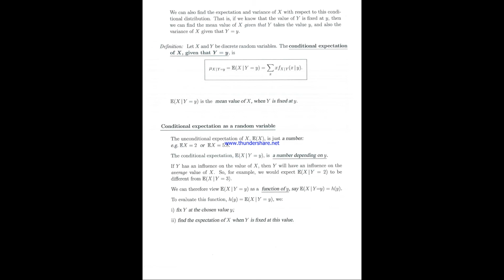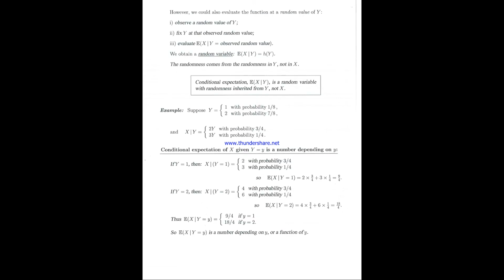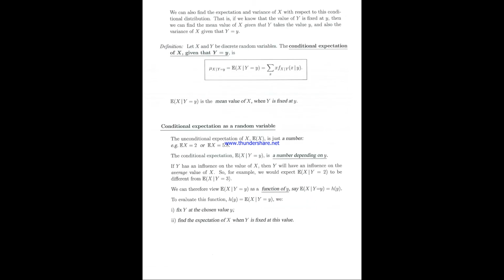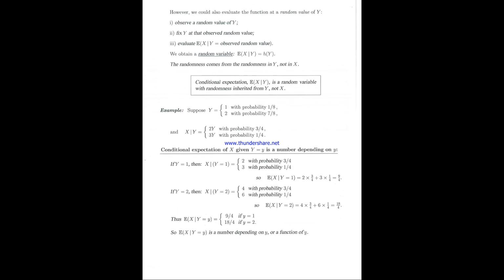Okay, so in this case, since we can observe this conditional expectation as a function of y, what you have to do when we evaluate the conditional expectation is first choose a fixed value for y, and then find the expectation of x when the value of y is fixed.